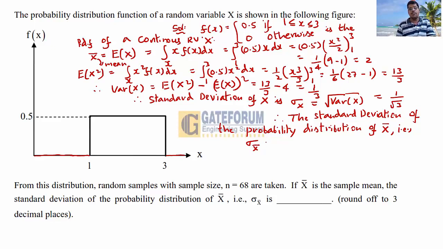The above step is sigma with respect to x. Now, sigma, standard deviation, with respect to x bar.